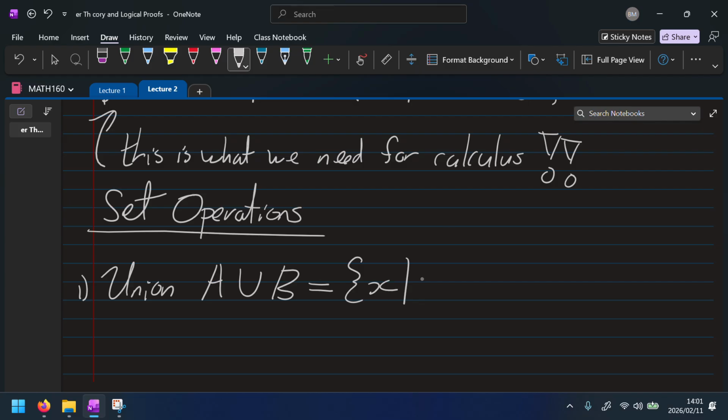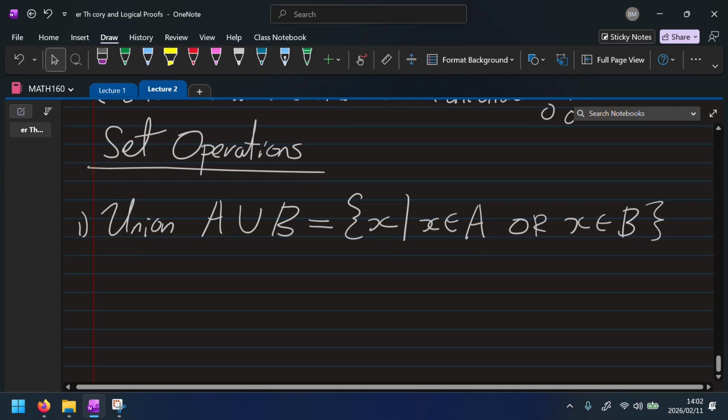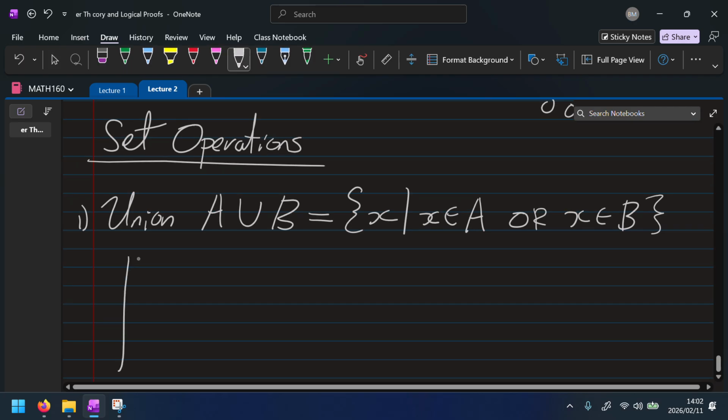The rule is that X must be an element of A, or X must be an element of B. It must be in one of them. So if it's in one or it's in the other, then it's in the combination of the two. We can see that in a nice little picture.